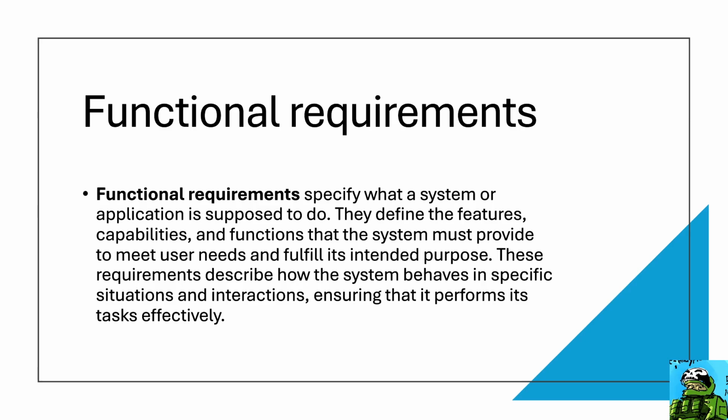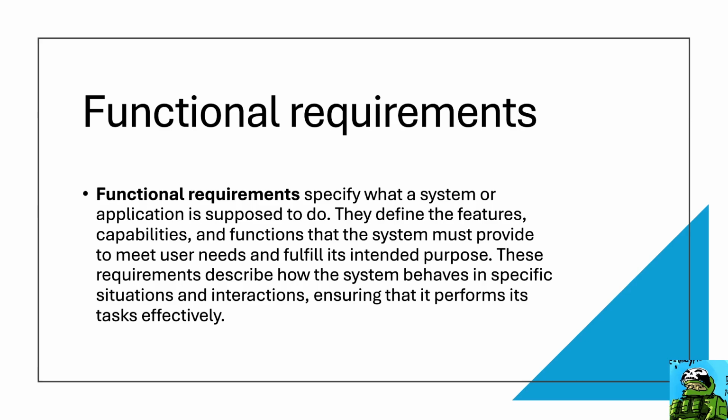Input and output: specify the inputs the system should accept and the outputs it should produce. Specific and measurable, clearly articulated to avoid ambiguity. So yeah, those are the key characteristics of functional requirements.